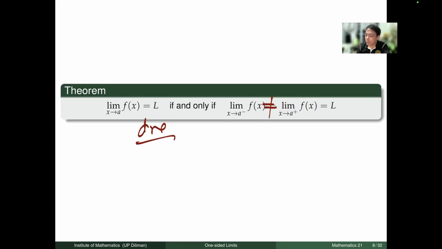So, kailangan limit equal pareho. Okay, limit from the left is the same as limit from the right.